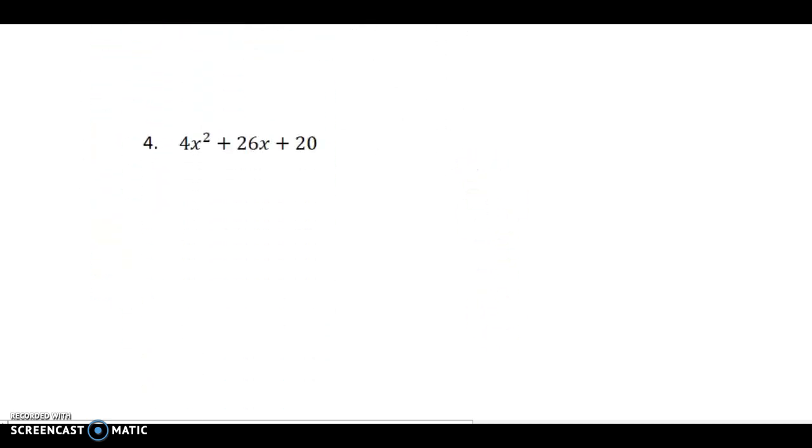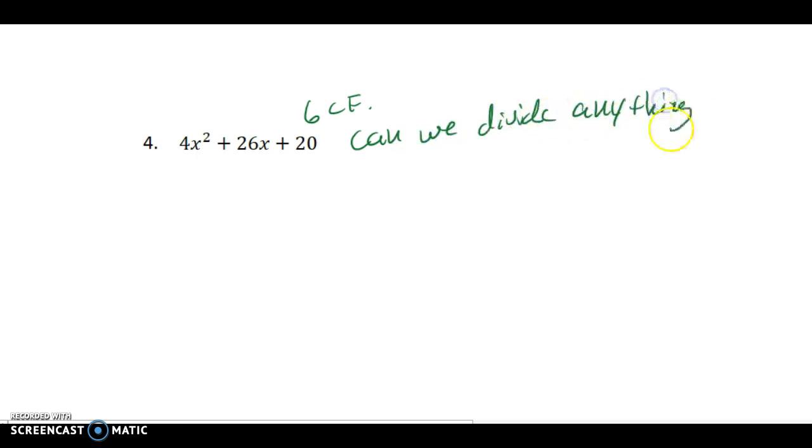All right, next one here, we're actually going to check for a GCF first. That means, can we divide anything out? And the answer is we can divide everything by 4. So I'm going to divide this by 4, divide this by 4, and then divide this by 4.